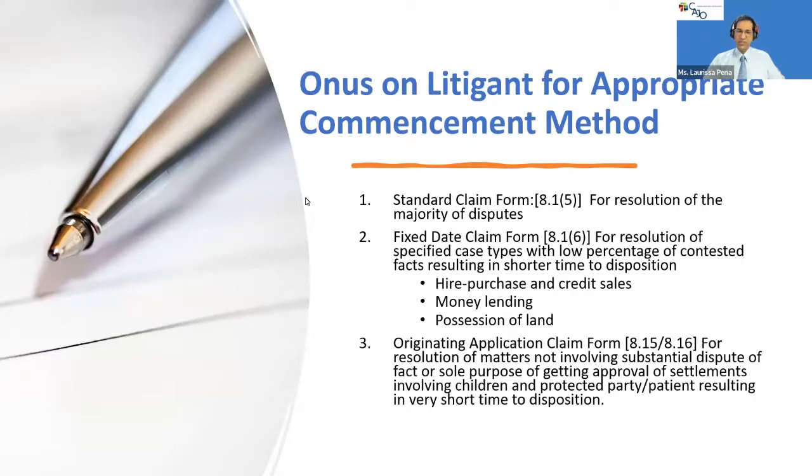So from this, you can see that but for standard claim forms, both the fixed date claim forms and the originating application claim form are intended for matters that should not include a big dispute of facts and should not take up a lot of court time.